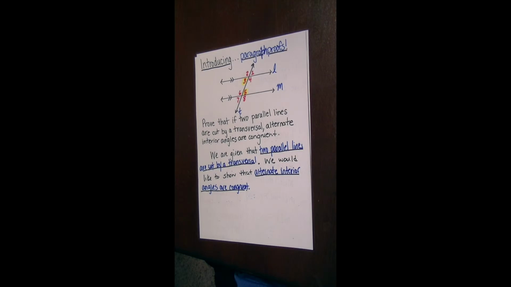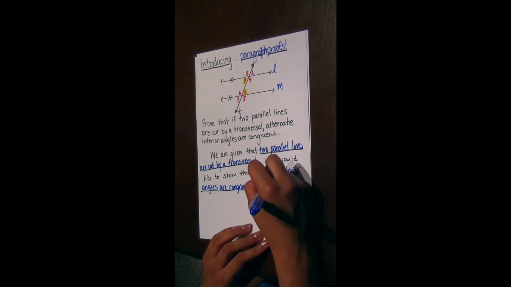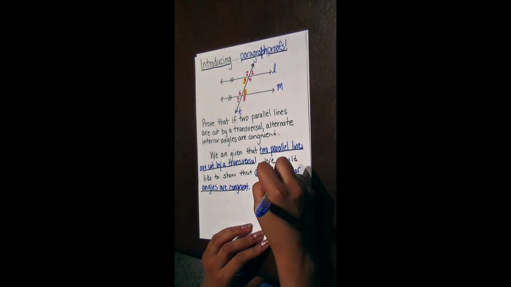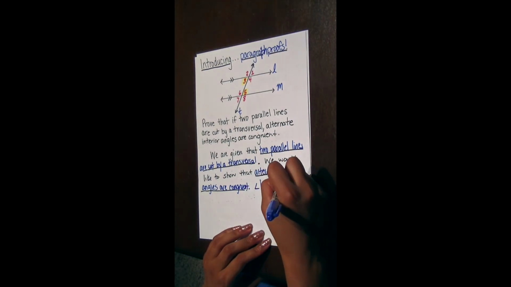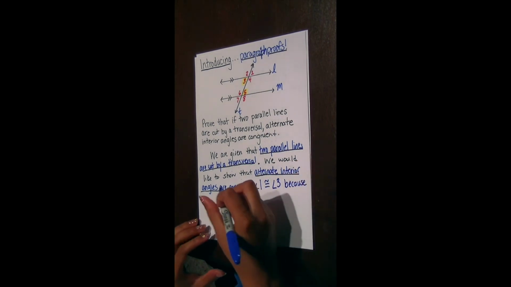Okay, so angle 1 is congruent to angle 3 because vertical angles are congruent.